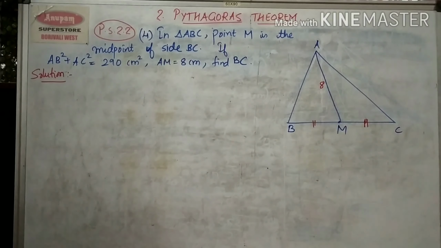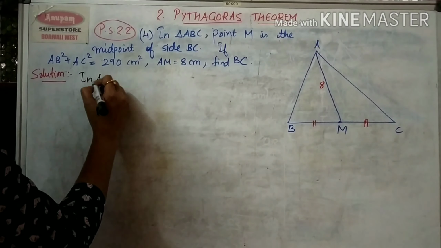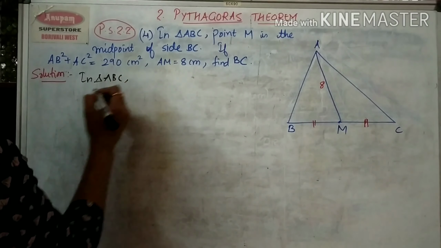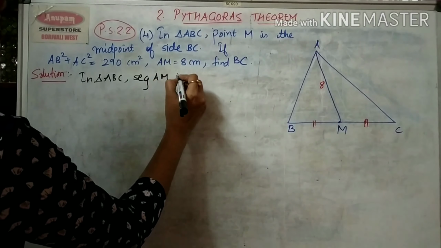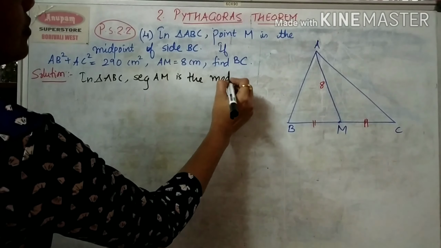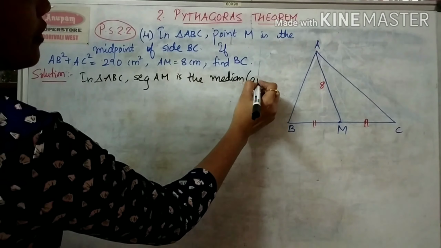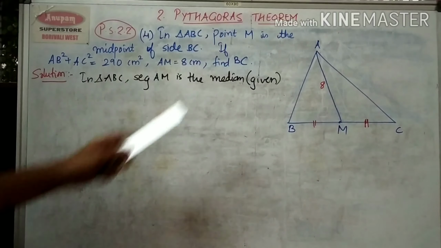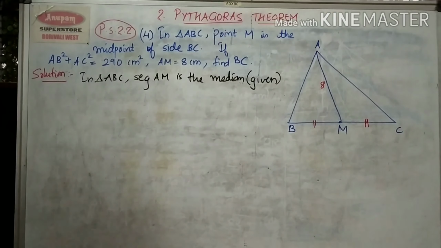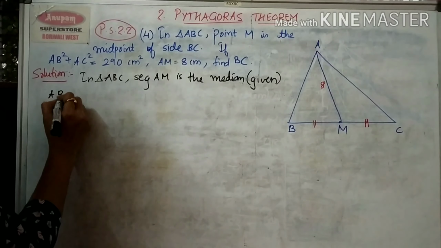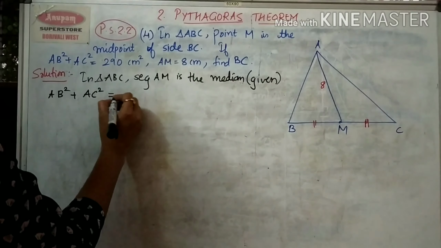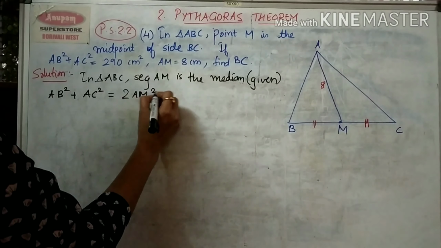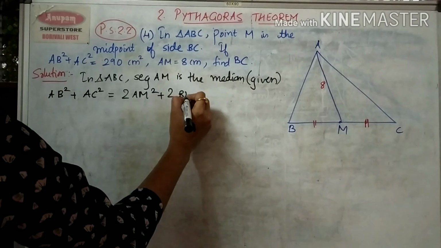So the first thing that I need to write when I solve this question is, in triangle ABC, seg AM is the median. I write it down as given. Seg AM is median. Therefore, AB square plus AC square will be equal to 2AM square plus 2BM square.